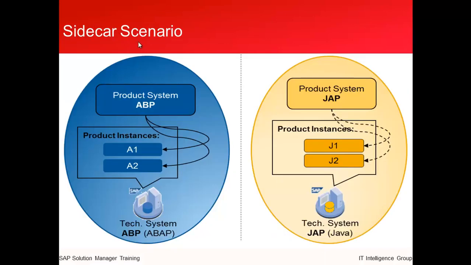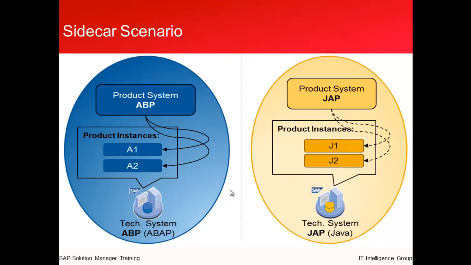You can see this scenario where we have a product system ABP, which has product instances A1 and A2, and you have your technical system, which is your ABAP system ABP. On this side you have the Java system JAP, which has product instances J1 and J2 and product system JAP.